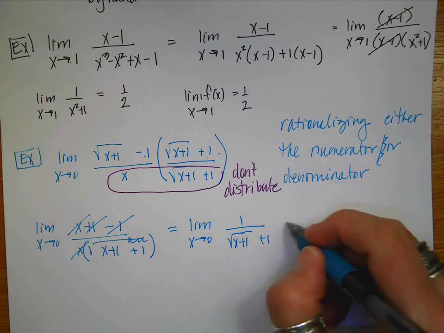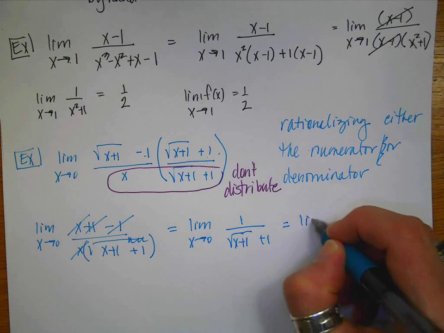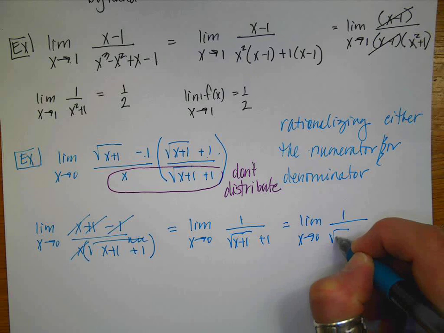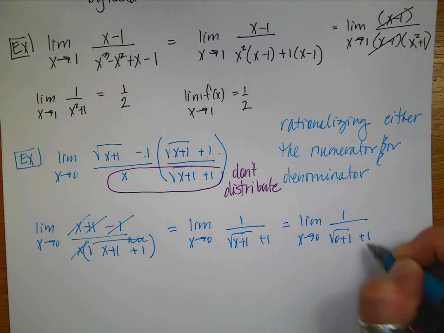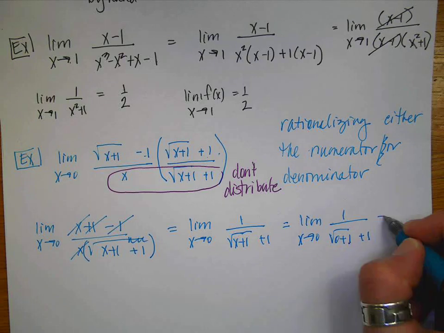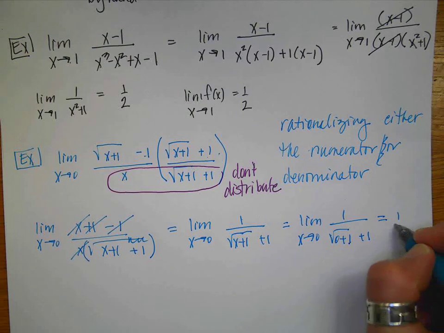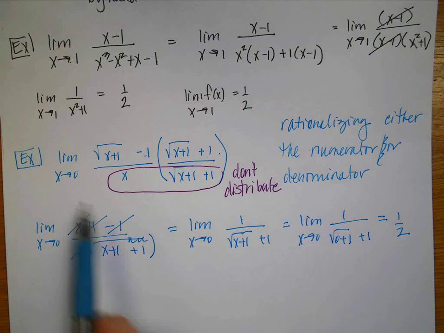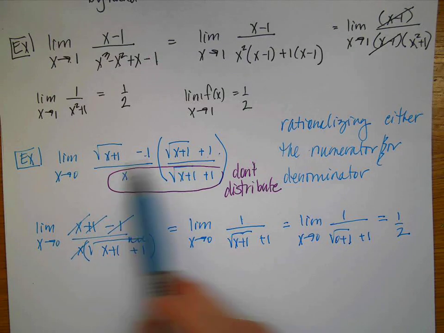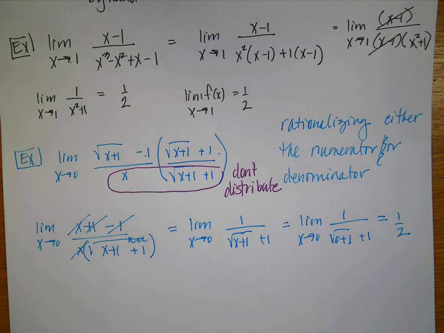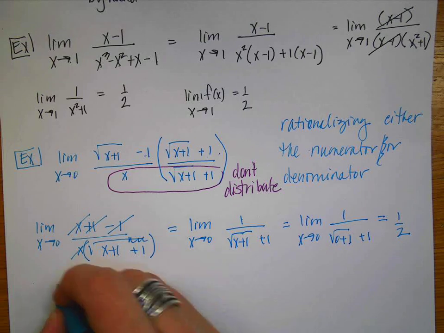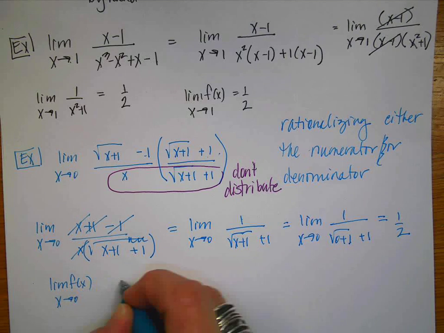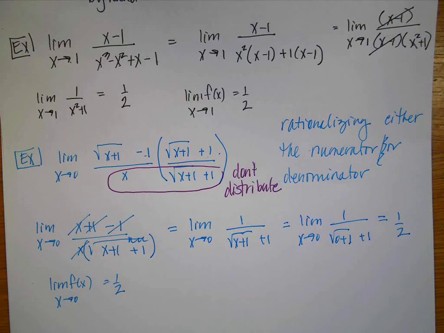Well, now I can do the direct substitution, so this is the limit as x approaches 0 of 1 over the square root of 0 plus 1, plus 1, and the square root of 1 is 1, so this turns out to be 1/2. That was actually pretty easy, but this is multiplying by the conjugate, or rationalizing either the top or the bottom. You can call it either way. Write my nice polite statement when I'm done: as x approaches 0 is 1/2.